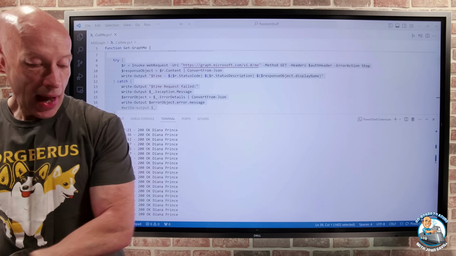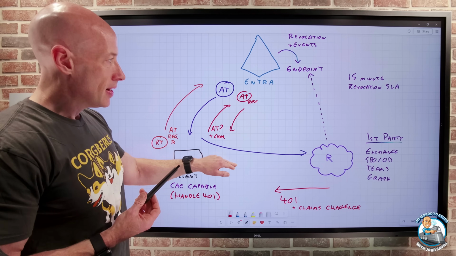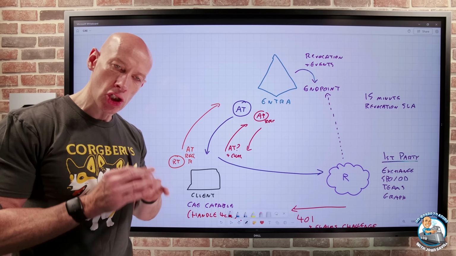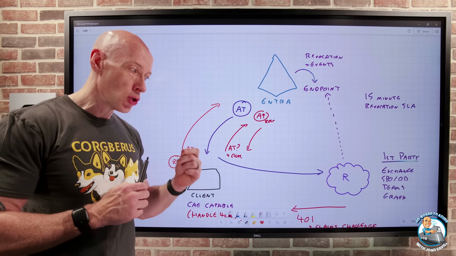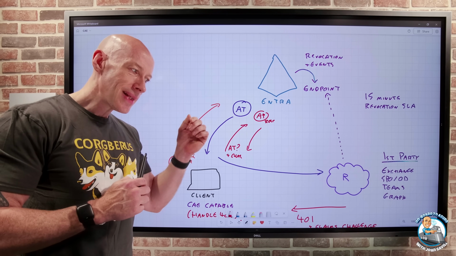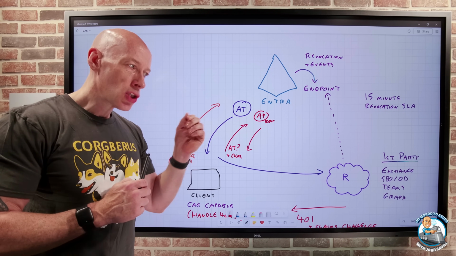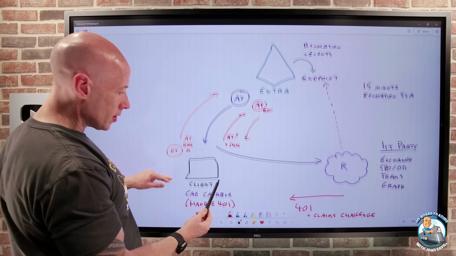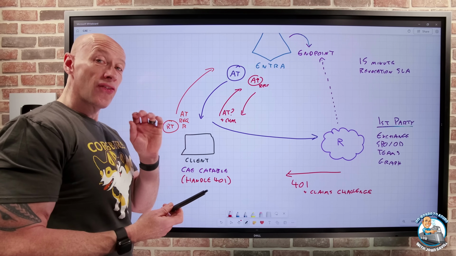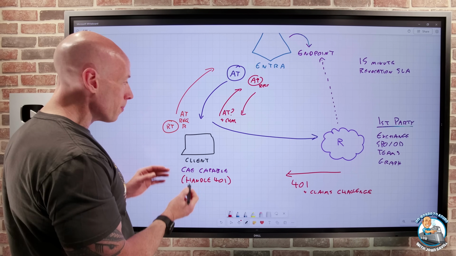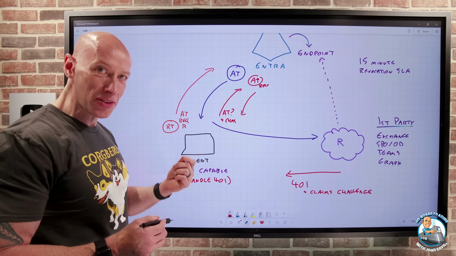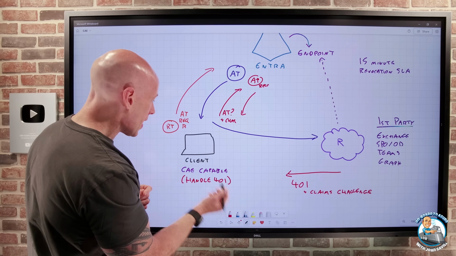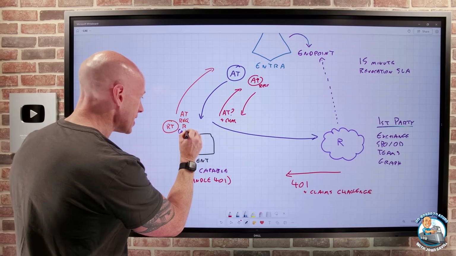Now, one of the upsides of this is, do you remember I said the tokens were 1 hour? They're short-lived because there was no way to revoke them. Well, because now they can be revoked, the tokens become long-lived. So these tokens I get because it's CAE capable: every time the client asks for a token, it's saying, hey, I want a token, please, and by the way, I am CAE capable.